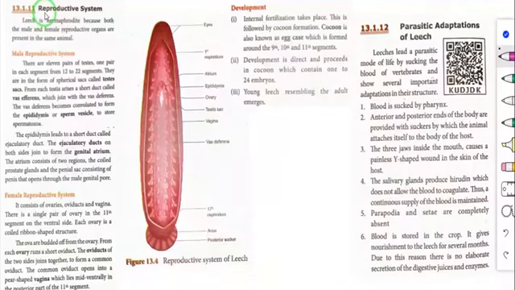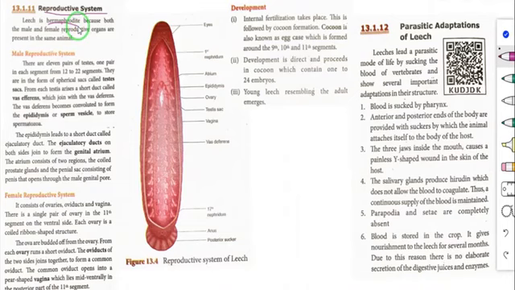Reproductive system of leech. Leech is hermaphrodite because both the male and female reproductive organs are present in the same animal. What's the meaning of hermaphrodite? It means the female and male reproductive organs are present in the same animal.